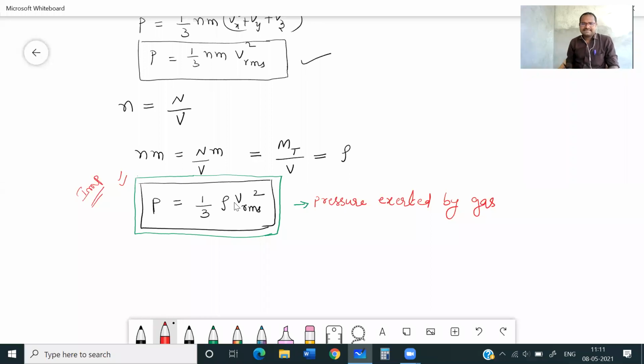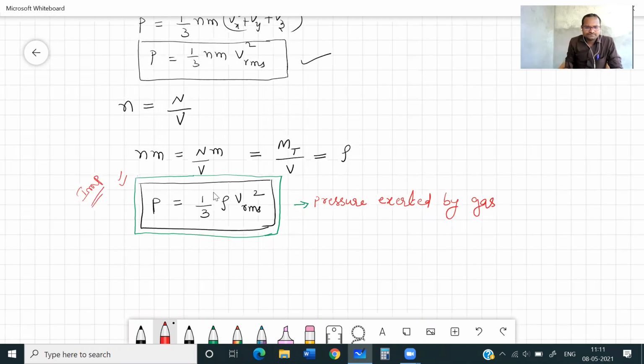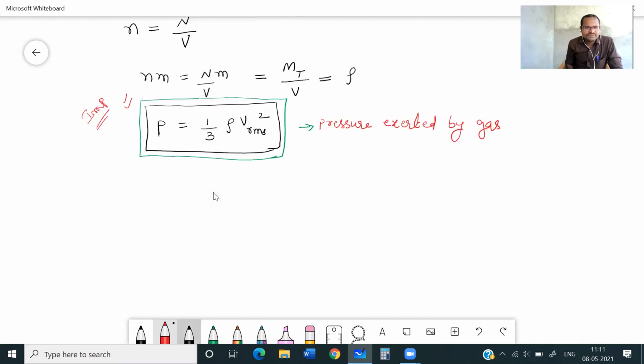Okay, let us move forward. So P is equal to 1 by 3 rho Vrms square. From here onwards, I am writing this equation in different formats. Observe very carefully.